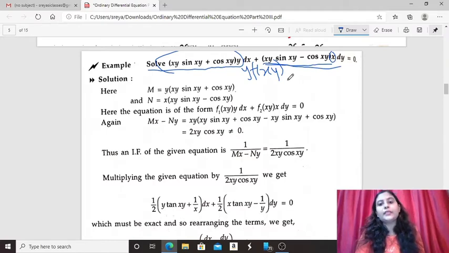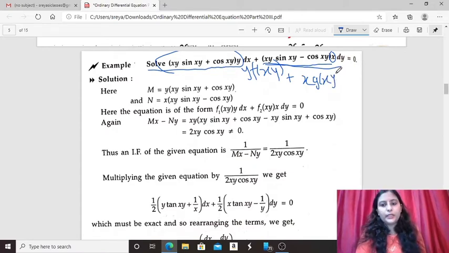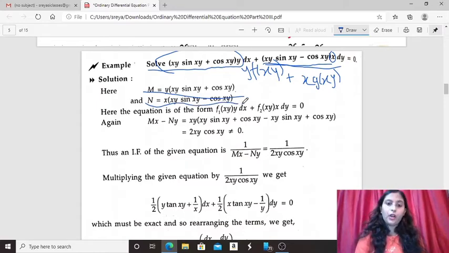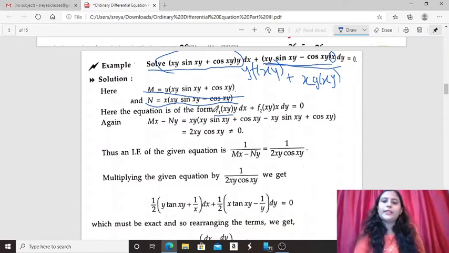So this can be written as plus x into another function, say g(xy), and of course we have dx and dy multiplied respectively, equal to 0. So M is the first part and N is the second part. I can write f(xy) and g(xy) also, no problem in that. This is multiplied with y and this is multiplied with x, and it is equal to 0.